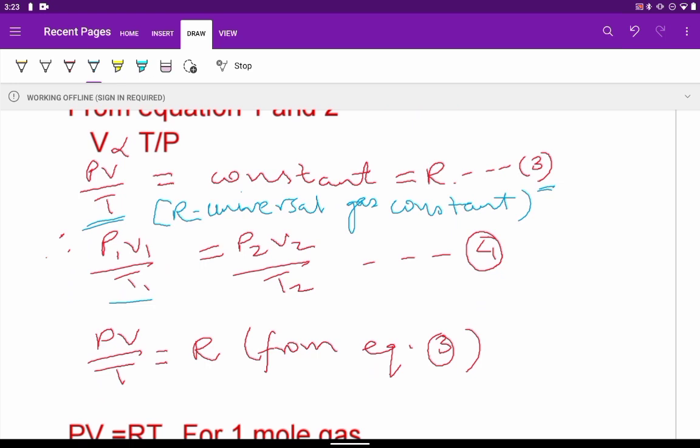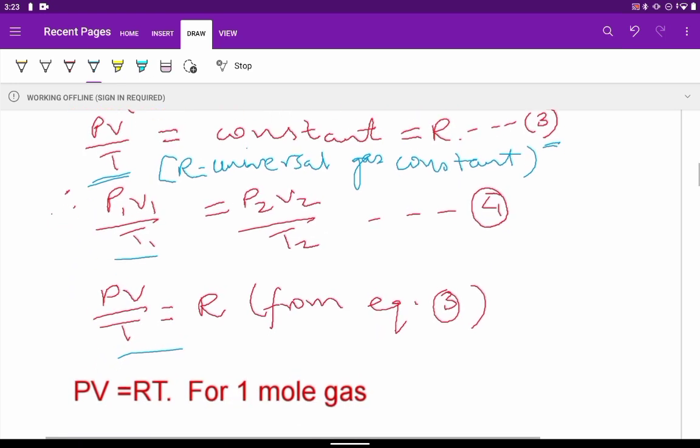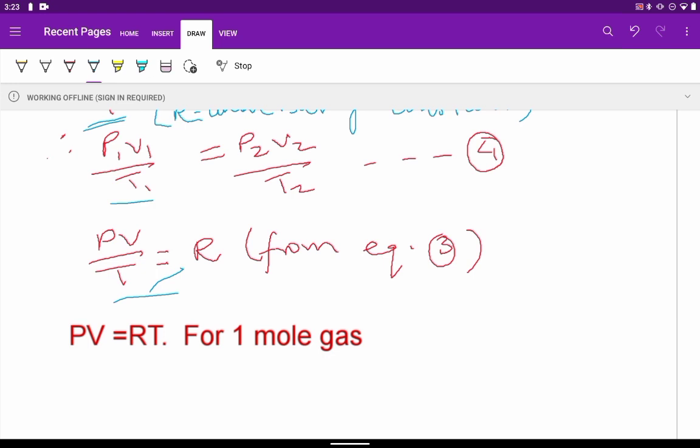From equation number 3, PV by T is equal to R, which is a constant. If we just cross multiply here, we get PV equal to RT. This is for 1 mole of a gas. When the number of moles is equal to 1, this equation holds good.